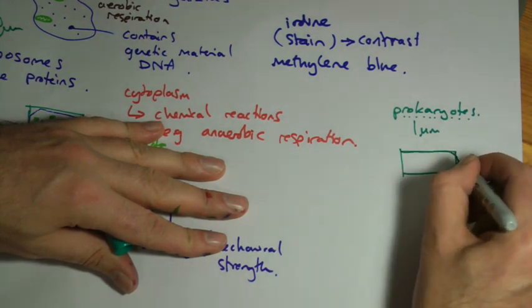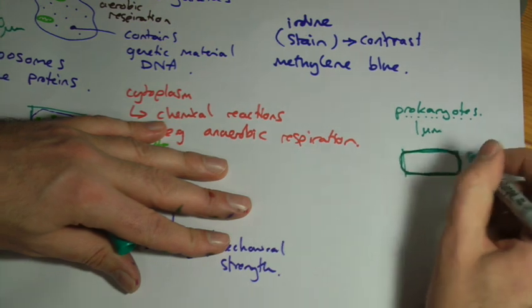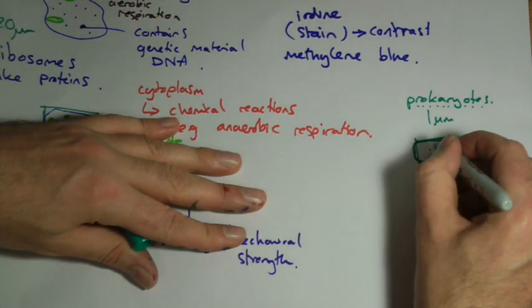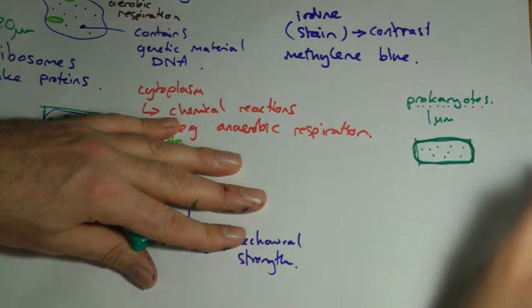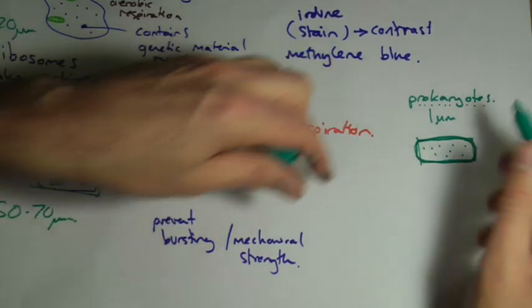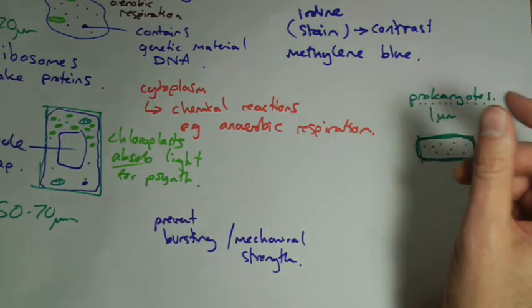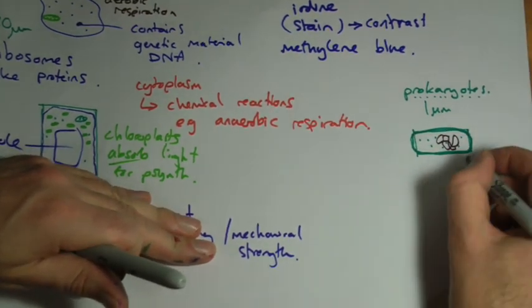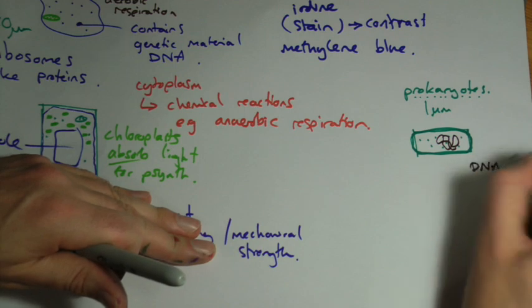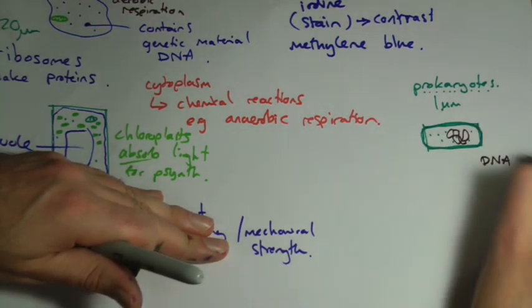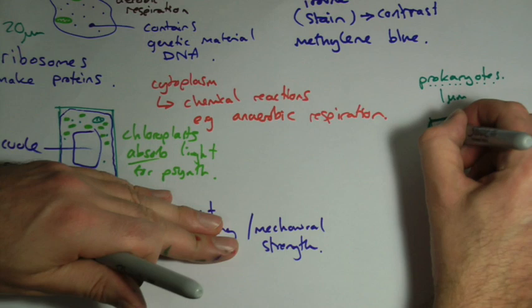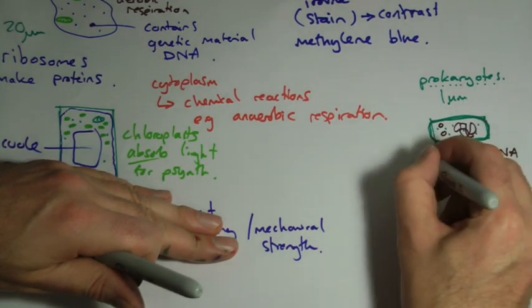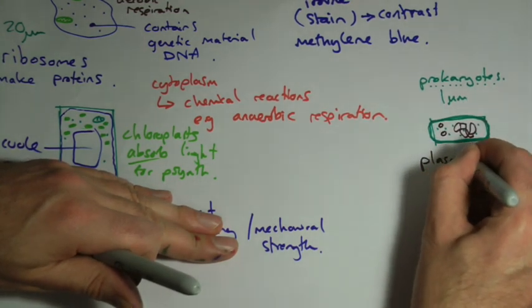They still have a cell wall, which does the same kind of job as it does in plants. It stops it bursting. They still have ribosomes. They don't have a nucleus. What they have instead is one big long loop of genetic material, DNA, a sort of big DNA chromosome if you like. They have smaller loops of DNA called plasmids.